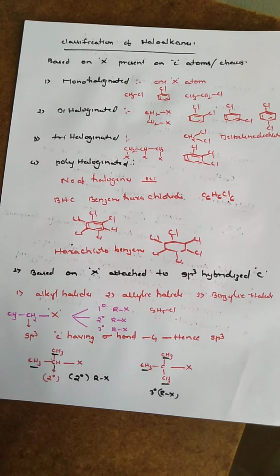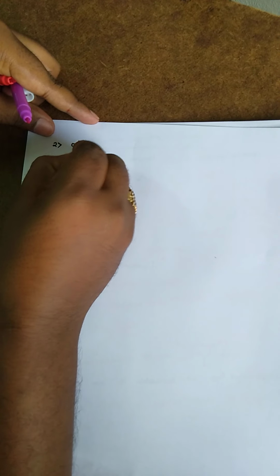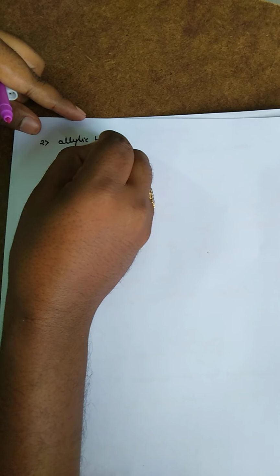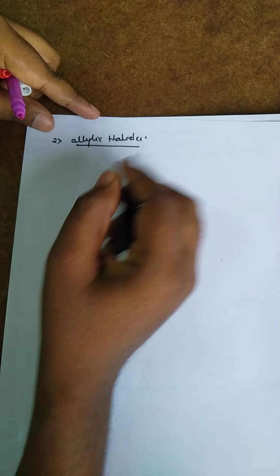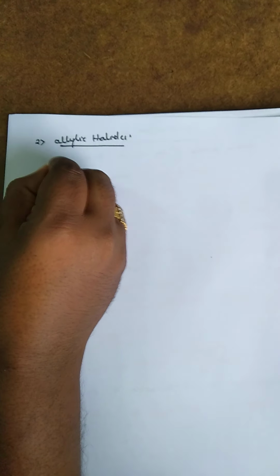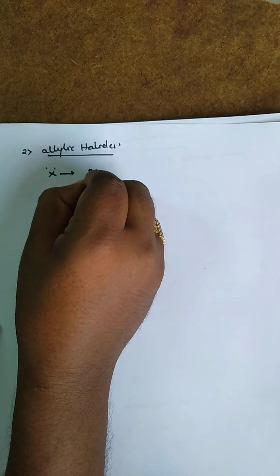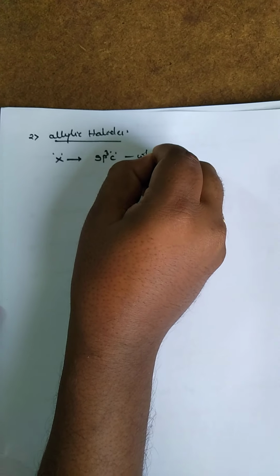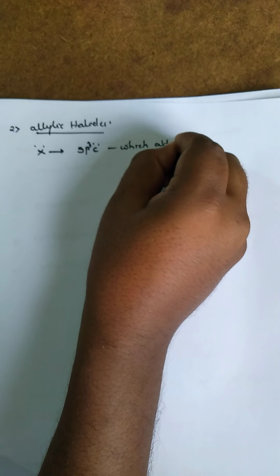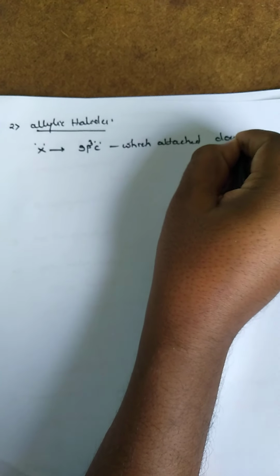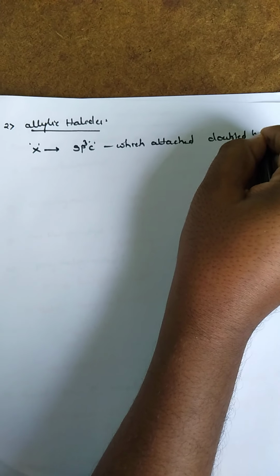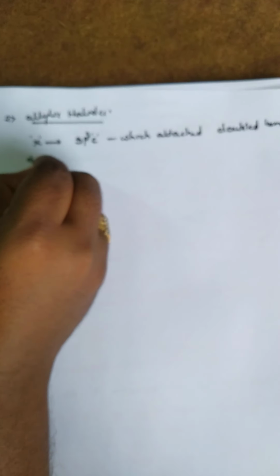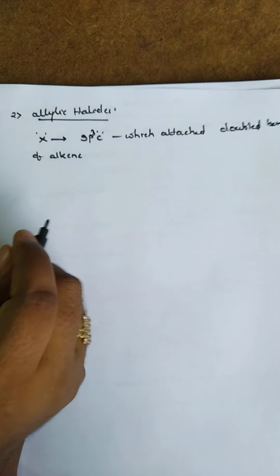In a similar way, another one, allylic halides. What are allylic halides? The halogen is attached to an sp3 hybridized carbon which is attached to the double bond of an alkene; these are known as allylic halides.